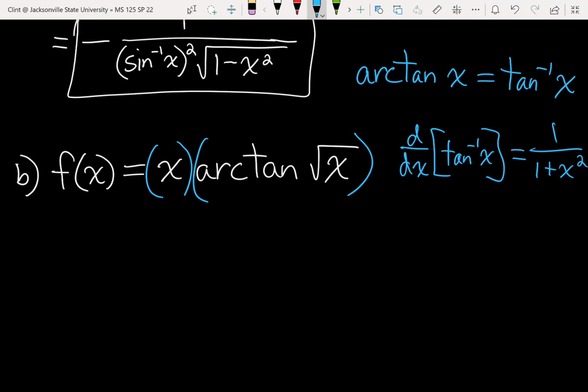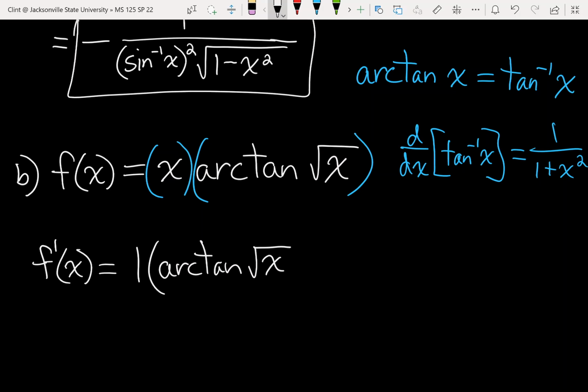Okay. So since we have these two things multiplied together, we've got to use the product rule. So f prime: take the derivative of the first one, it's 1, times the second one, which is just arctan of square root of x, plus the first one, so x, times the derivative of the second one.